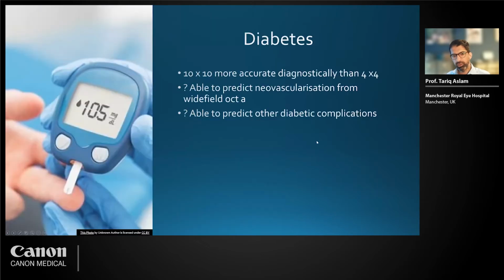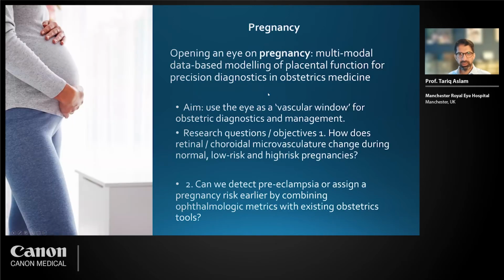The two areas that we're looking at: we want to expand our studies in diabetes. This has been restricted a little bit because of COVID and one of our fellows who's had to leave, but we want to look at the wider field OCT-A and see if we can find ways of predicting neovascularization or other diabetic complications.